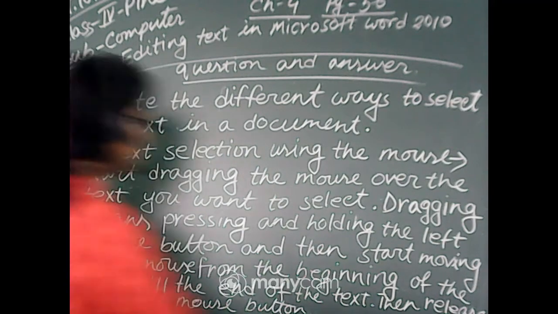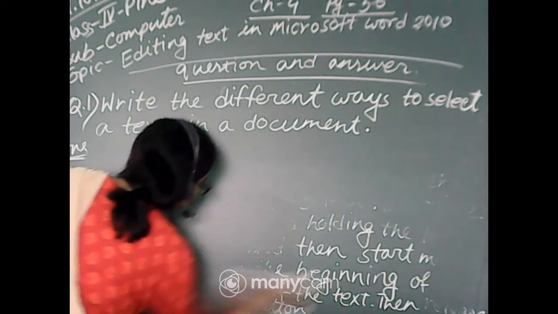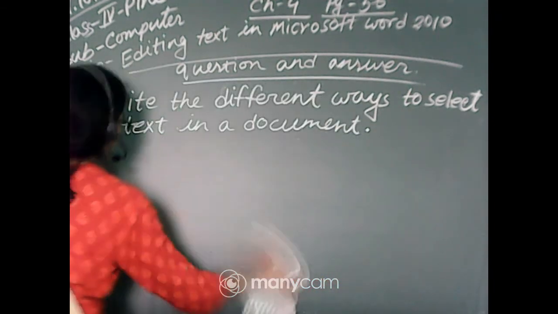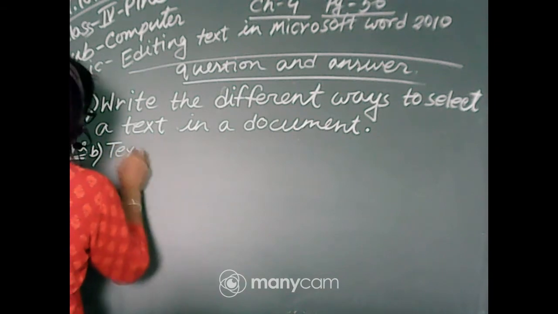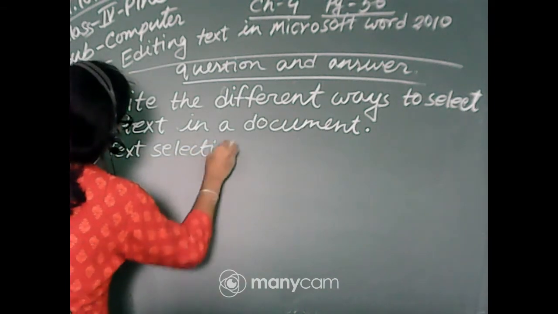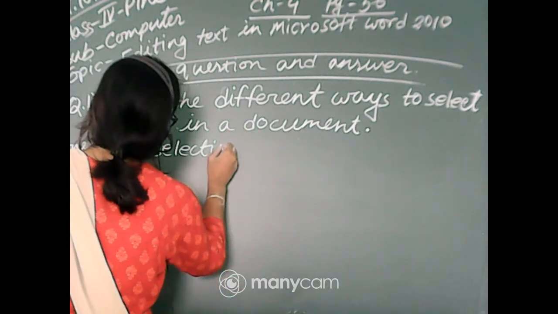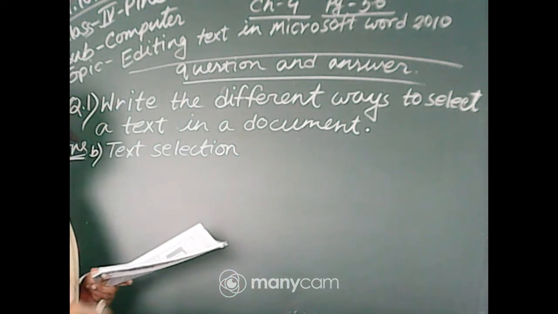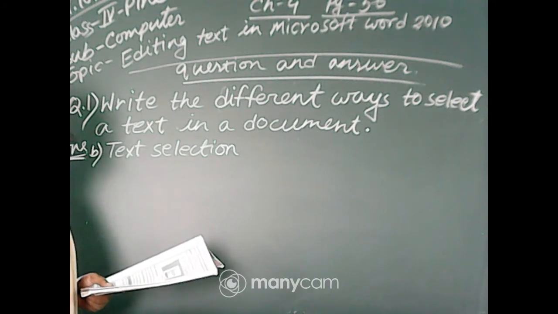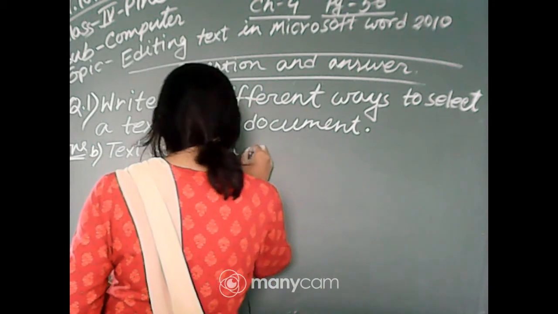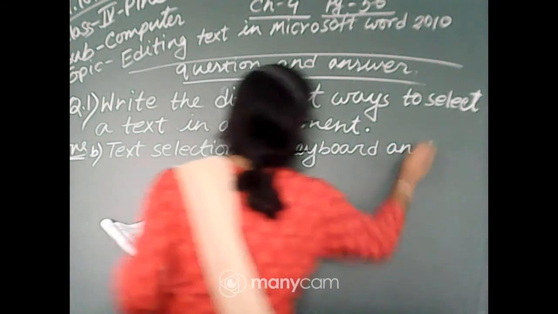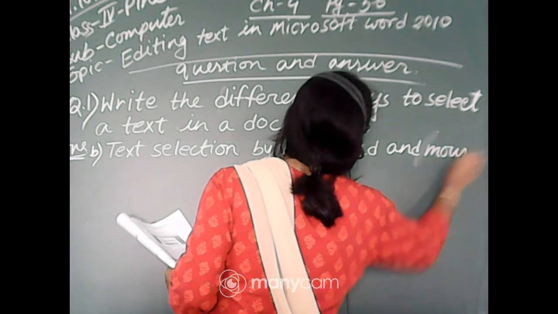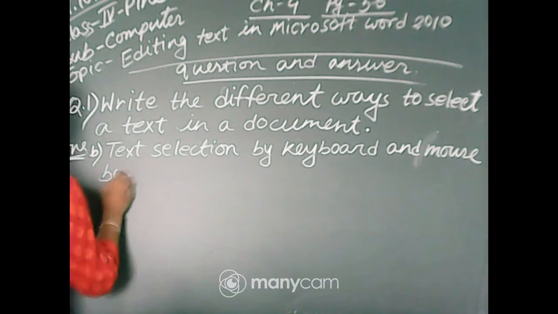Next part, B, another way, text selection by keyboard and mouse both. How?